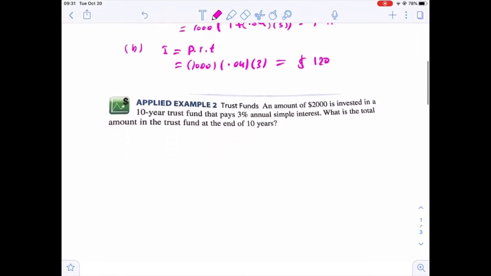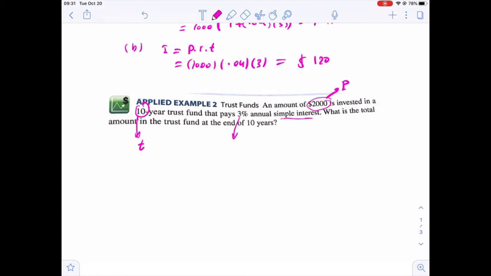Let's do another problem. Now the second example asks the following. You are given an amount of $2,000 invested in a 10-year trust fund that pays 3% annual simple interest.